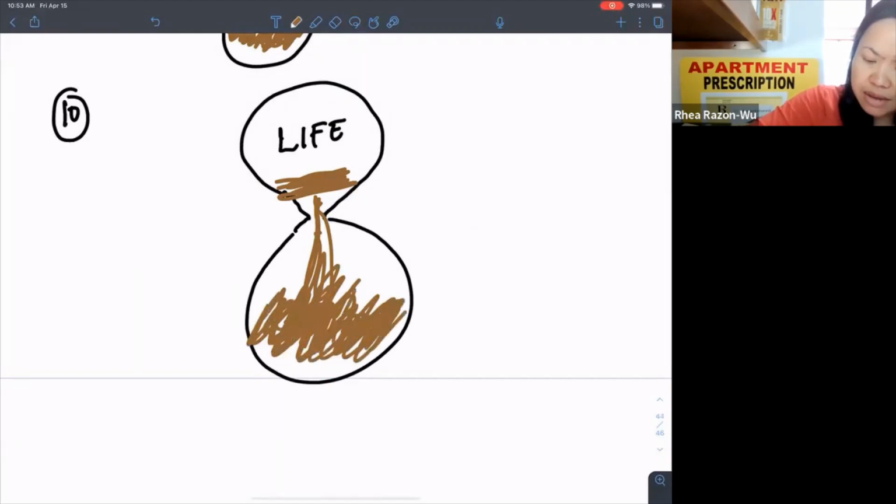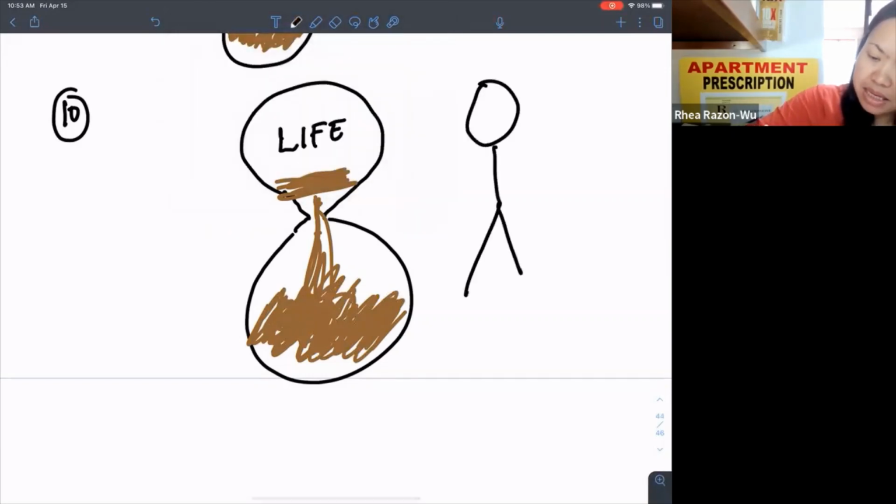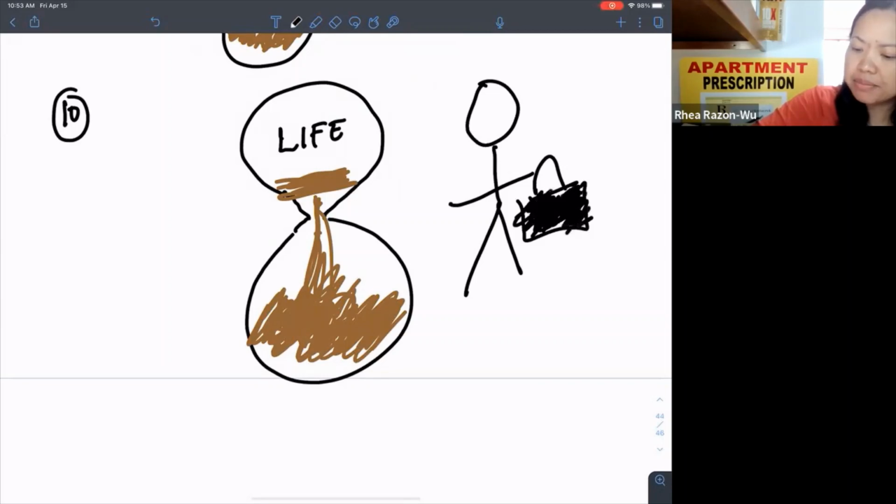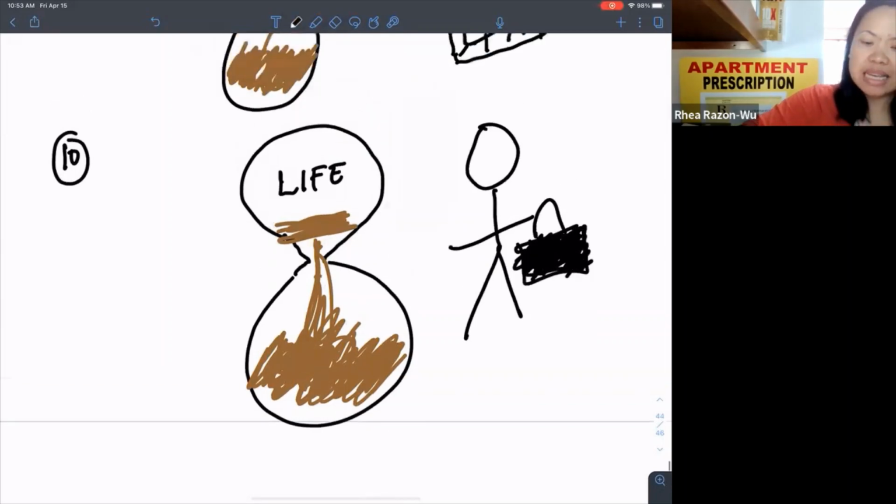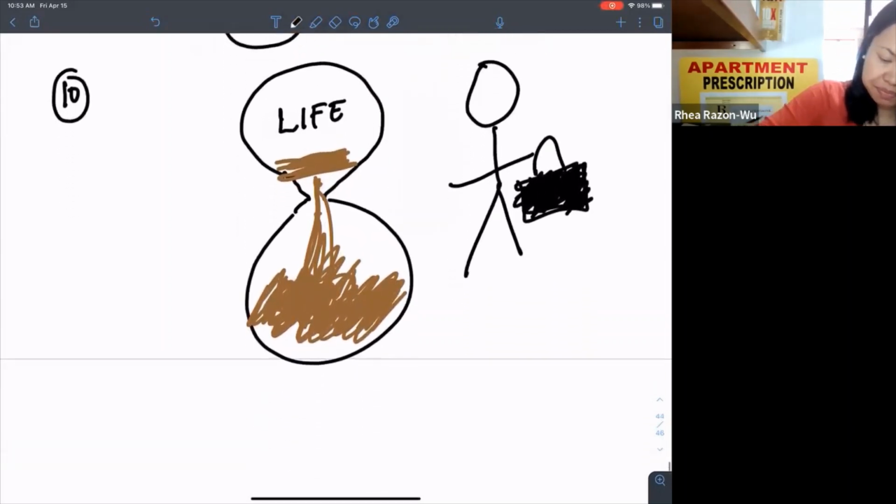So we have a few life left. And this is me with my bag. I'm working for my bag. So every time I trade my time, I get money. That's earned income.